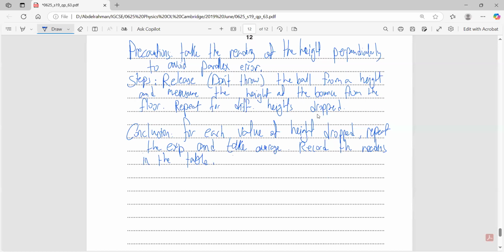If you want, you can compare the readings by plotting a graph of the height versus the bounce. The height from which it was released versus the height to which it bounces back again.